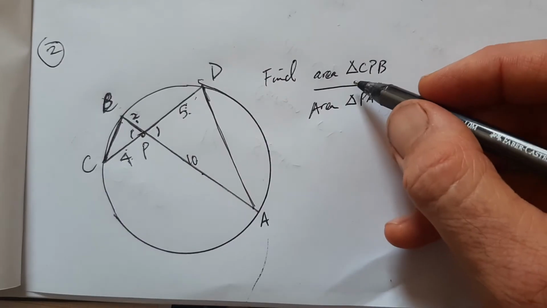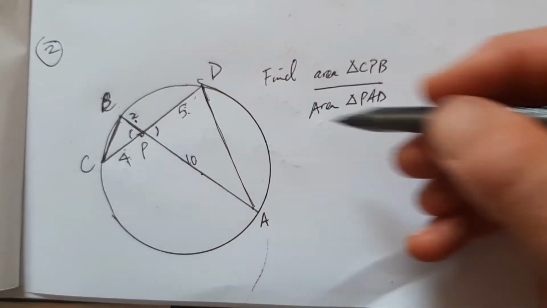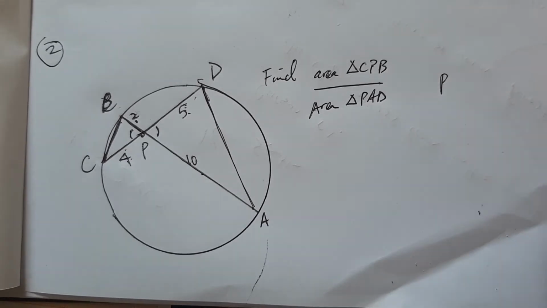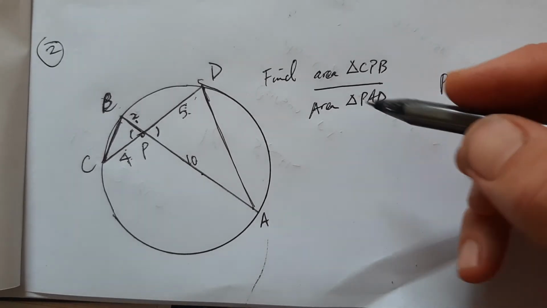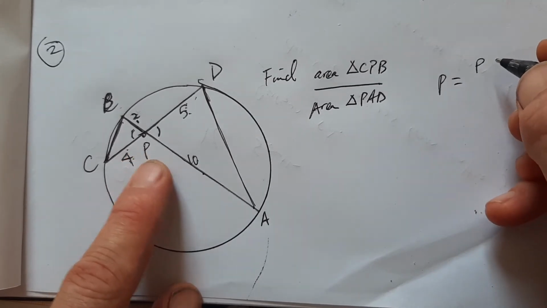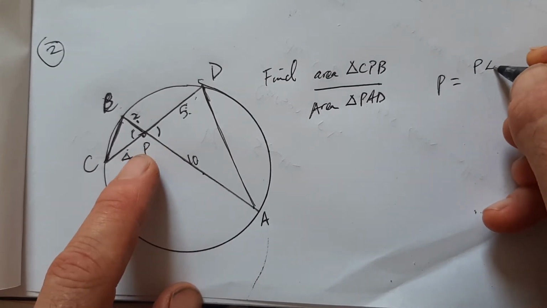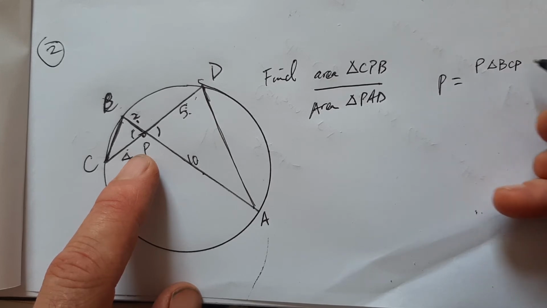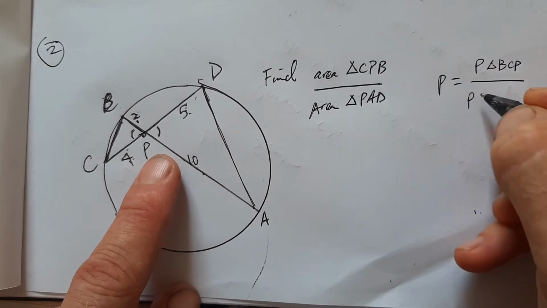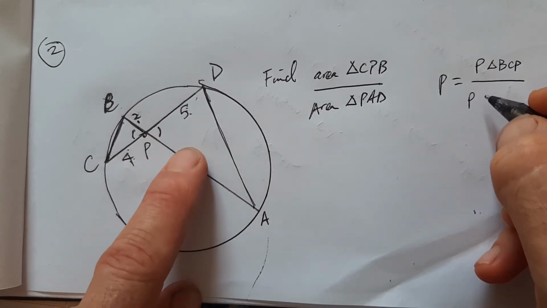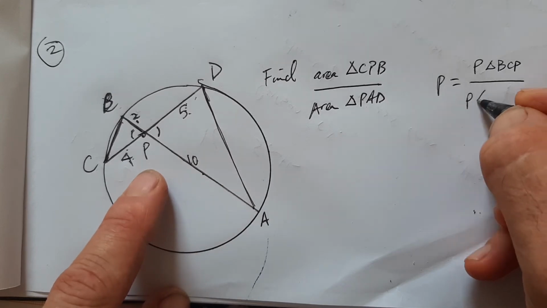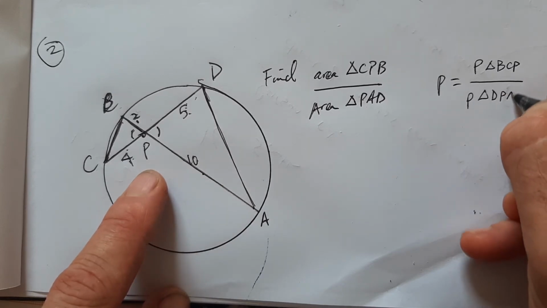So what about the areas? Well, let's look at the perimeters first. So the ratio of the perimeters. The perimeter of triangle BCP to the perimeter of triangle DPA.